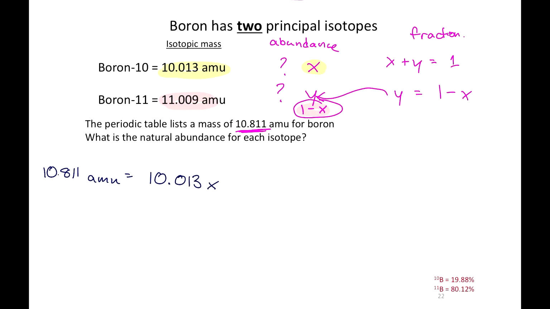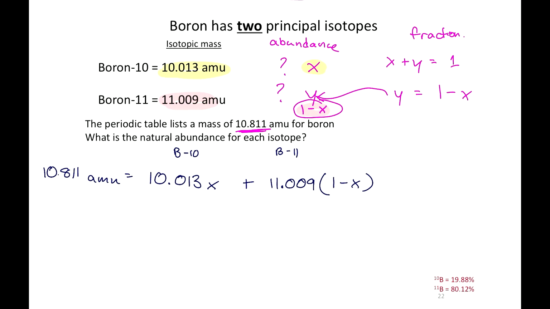I'm just going to get rid of units. It's all in AMU. And then I'm going to add, so this is boron 10, and then this is the contribution of boron 11. This is 11.009 multiplied by the abundance, so 1 minus x. This was the y that we had earlier, all right, but we simplified it.